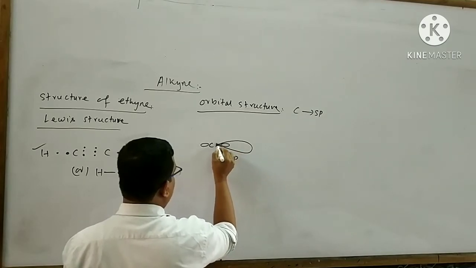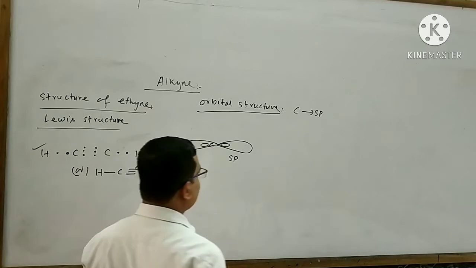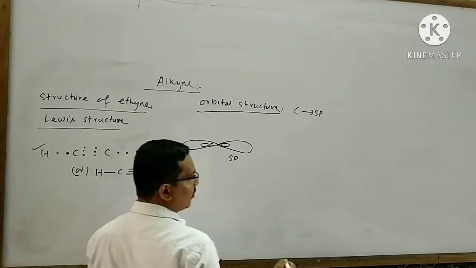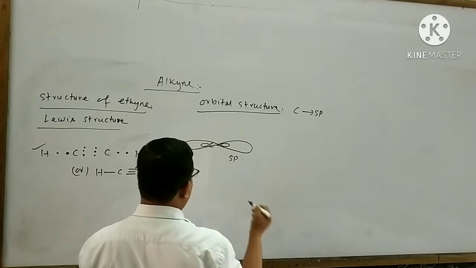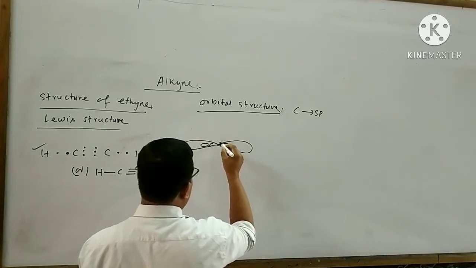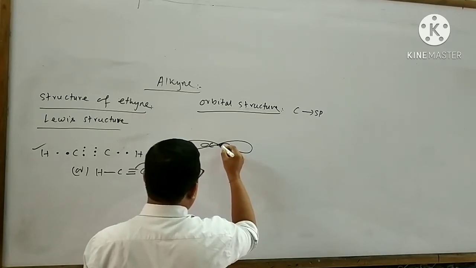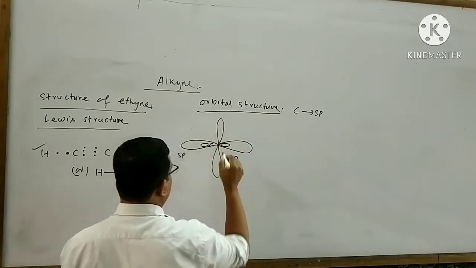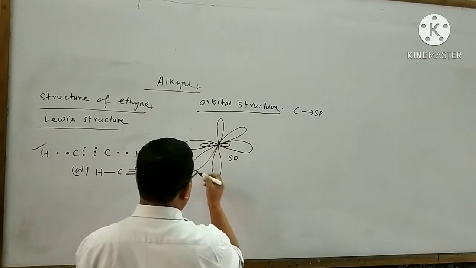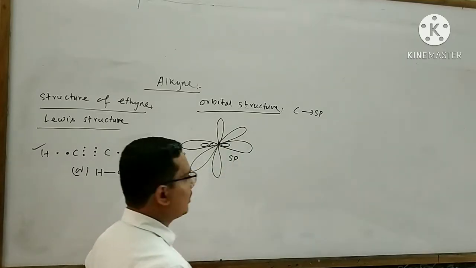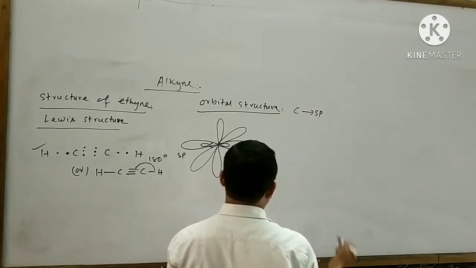This is the second sp hybrid orbital. The other two p orbitals remain as unhybridized orbitals. I can draw the unhybridized orbitals like this. These are your two unhybridized orbitals of the carbon atom.